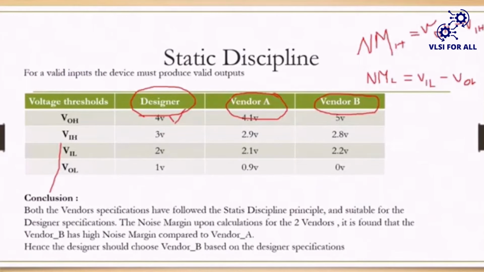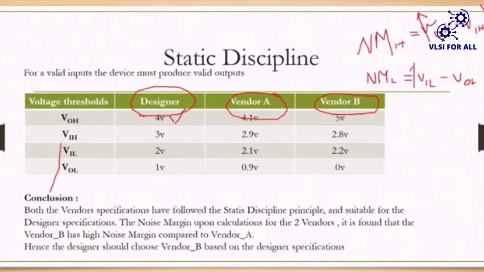Now you see, team, here vendor A. For us, the designer is very important. VOH is 4 volts. So whatever vendor you are accepting into your design, that vendor's VOH value must be maximum, then only the noise margin is high.